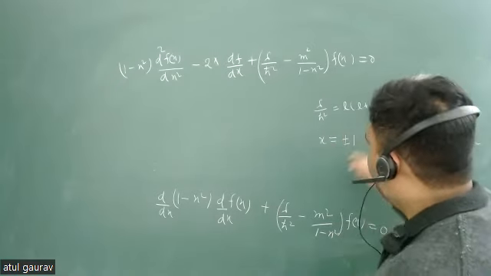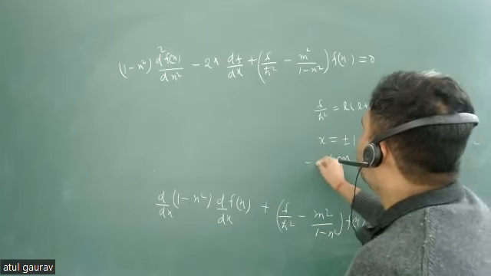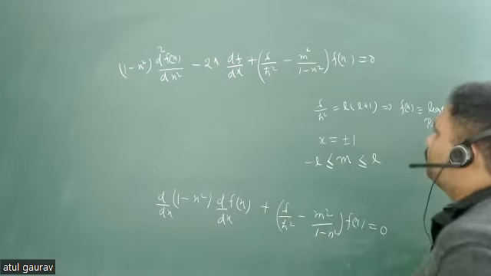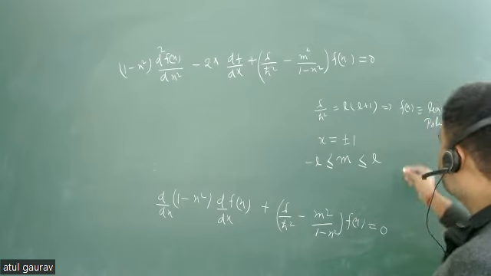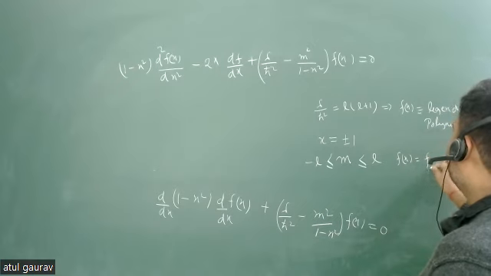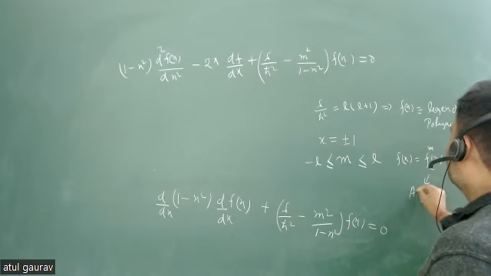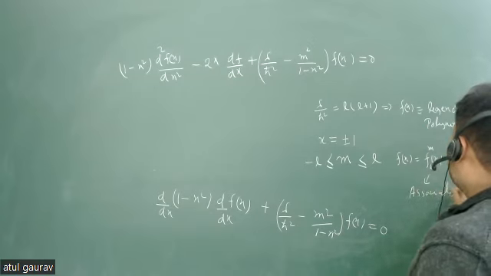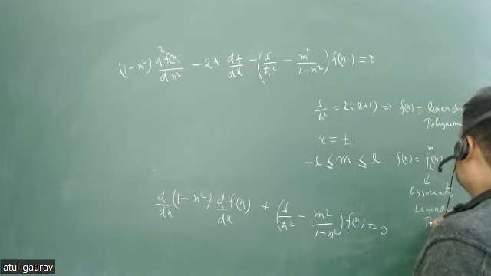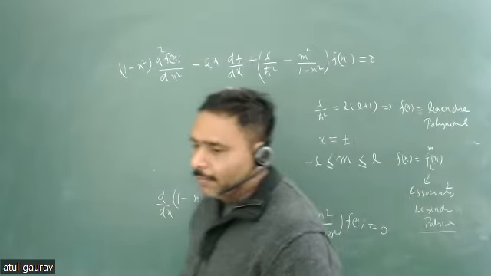If you want to avoid this singularity, then the value of m must be bounded between minus L to plus L. Then you can avoid this singularity, and your solution, this f(x), is something known as P_L^m(x). This is identified as the associated Legendre polynomial. Okay, so now we have this kind of situation.